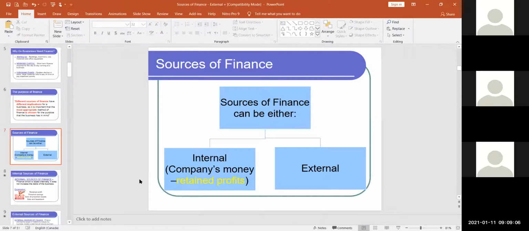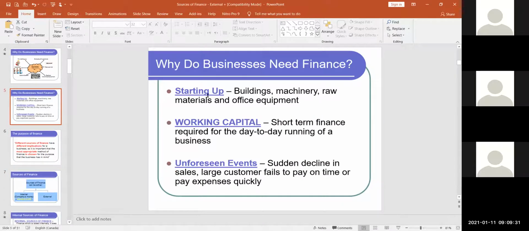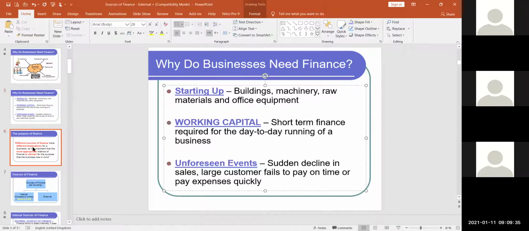The retained profit is the amount of the profits remaining after paying all the expenses, taxes, interests, dividends, and everything. So we're just going to keep this amount of profits in case that we need more money to spend for any one of these reasons: starting up capital, working capital, unforeseen events.